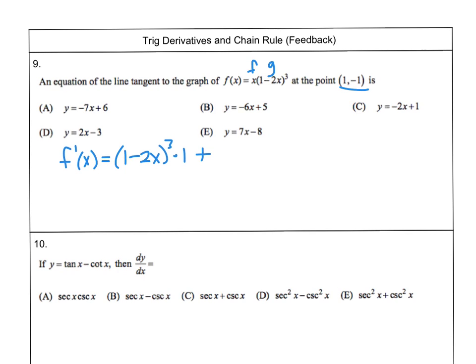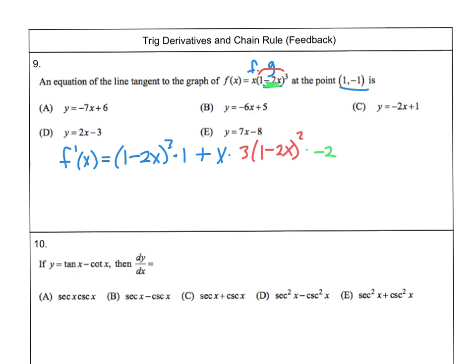And then we've got the first times the derivative of the second. This is going to be a power rule first. So 3 times 1 minus 2x squared, then times the derivative of the inside, which is just times negative 2. That's why this is in the section.